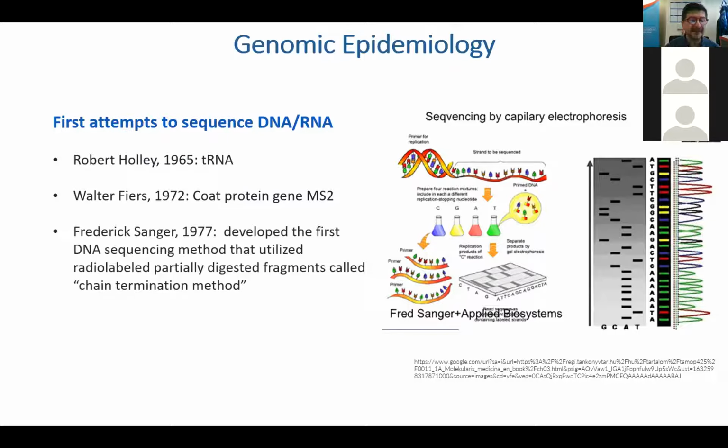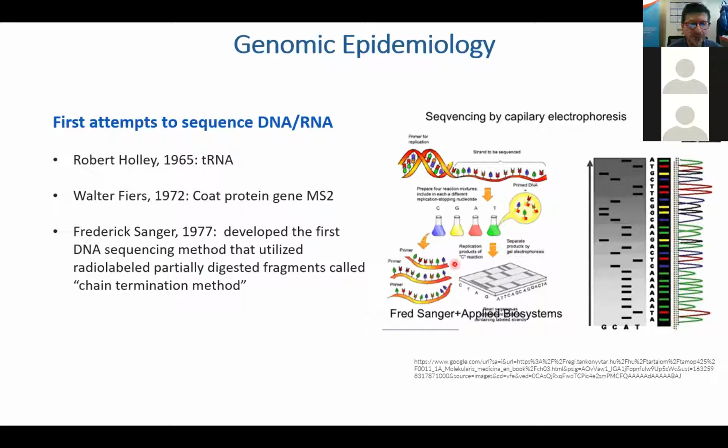And then, of course, the most important finding, which was definitely revolutionizing things after many years and much work in chemistry, was Frederick Sanger, whom I'm sure we all know and recognize, around 1977, when he developed what revolutionized the history of sequencing: the first sequencing methods using fragments partially digested with restriction enzymes and radio-marked, with a process at the time called the chain termination method.